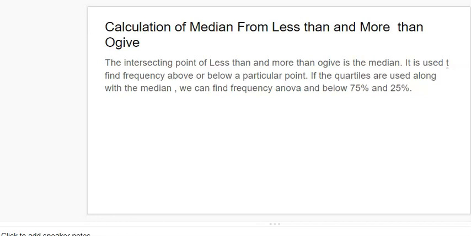And why we are using it: if you are using a little more information, for example if you are using quartiles, at that time we can further classify into 75%, 25%, and 50%. 50% stands for the median, 75% will be the upper quartile, and 25% will be the lower quartile.